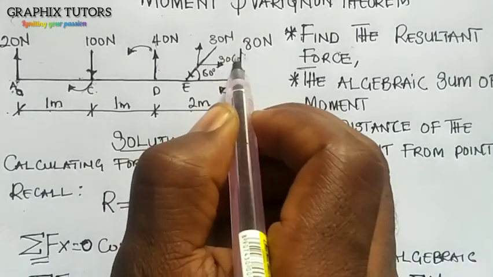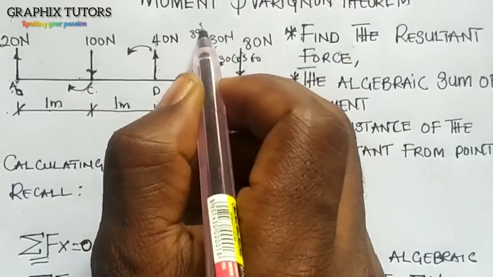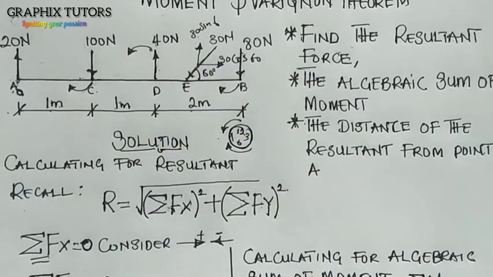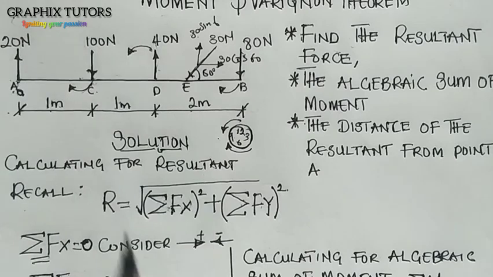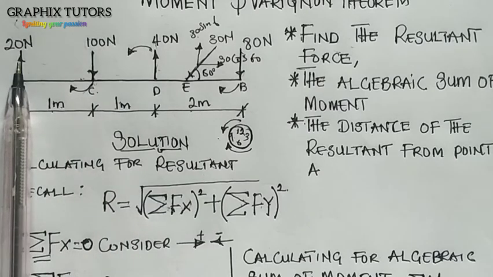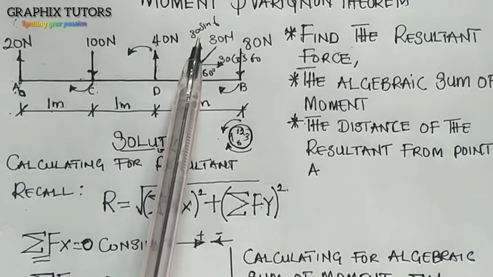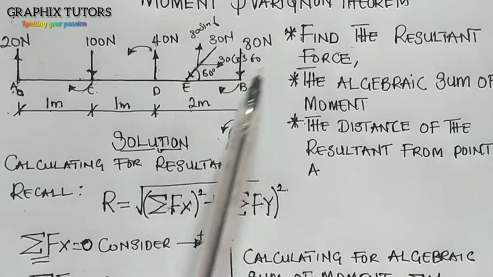So here will give me 30 cos 60. Here will give me 30 sine 60. When you are dealing with vertical components, you consider this. That means if you are looking for the sum of F of y, it is 20 plus 20 minus 100 plus 40 plus 30 sine 60, then minus 80.